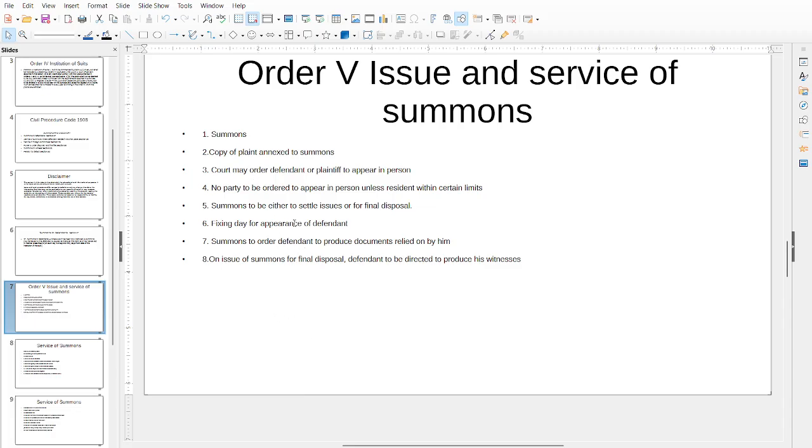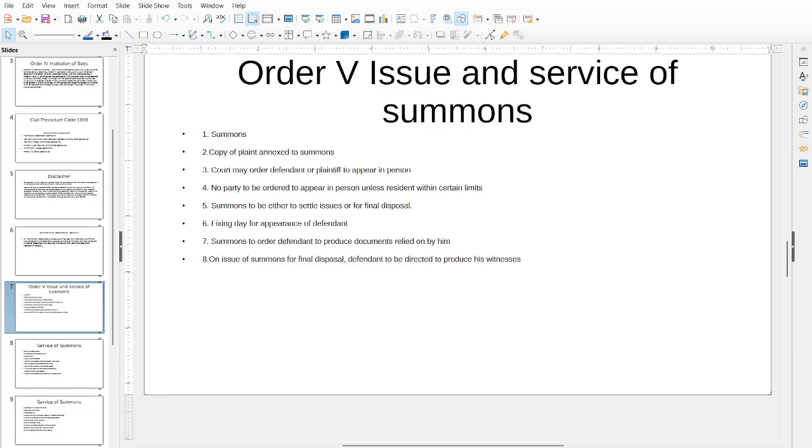Next is that the court may order the defendant or plaintiff to appear in person. If the court sees that there is a reason why his appearance is mandatory, it should order the defendant to come in person and give the written statement to be filed in the court.